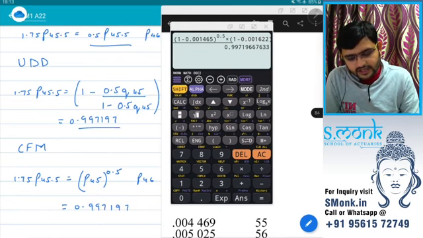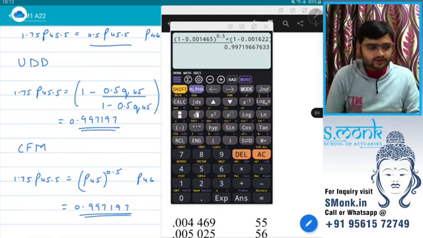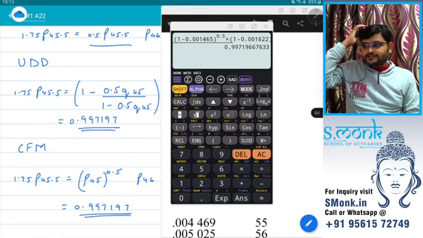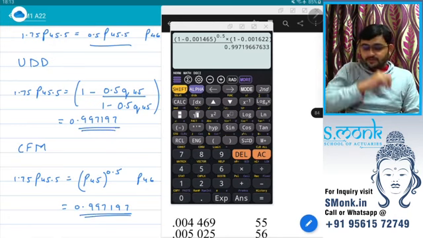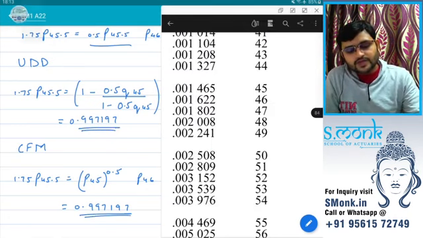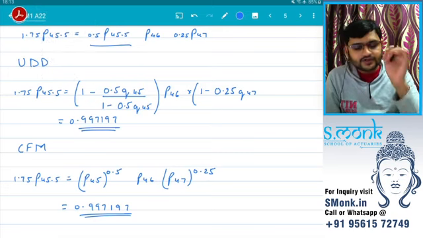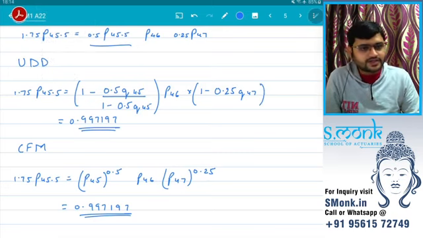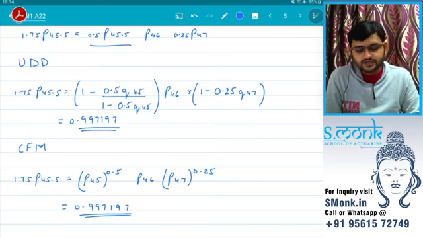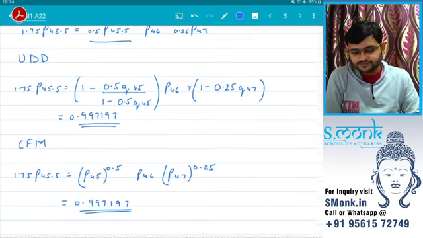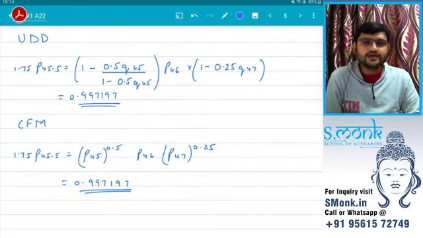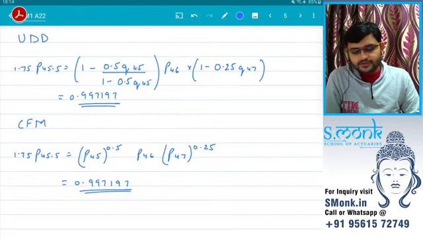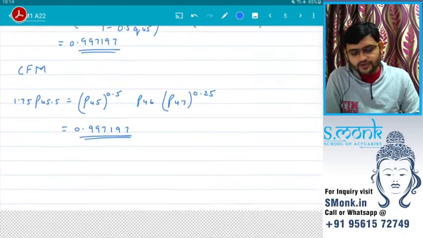You can see they are nearly the same. Both of these give nearly the same value, but that does not mean they are exactly the same. There will slightly be a difference. It just happens that in these particular cases we do not have much difference. The methods are definitely a lot different: uniform distribution of depth and constant force of mortality.